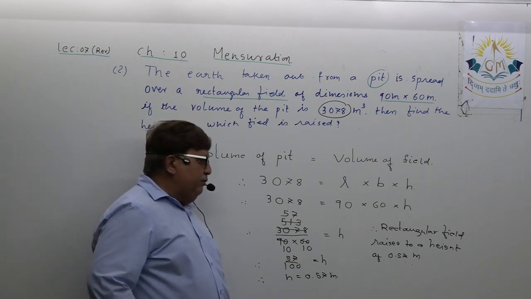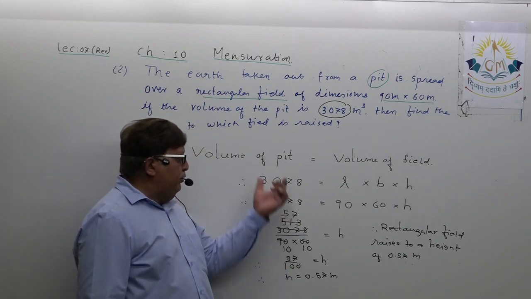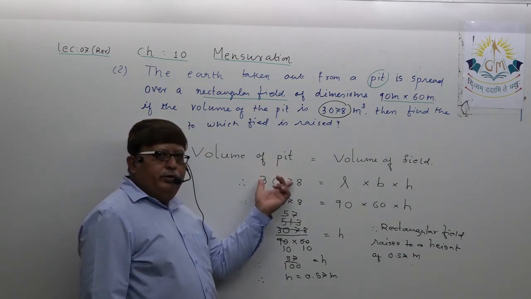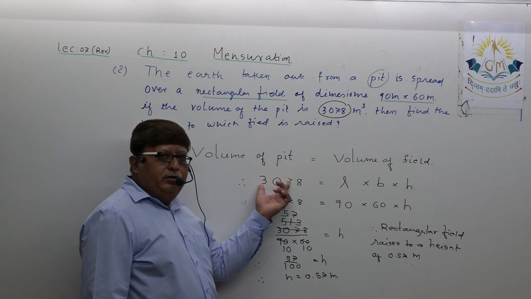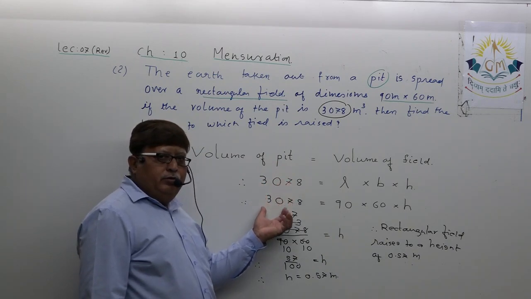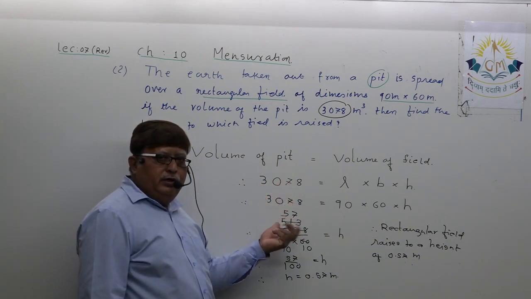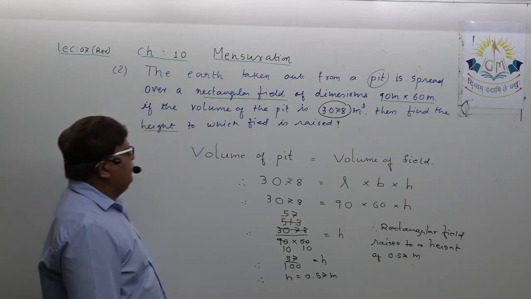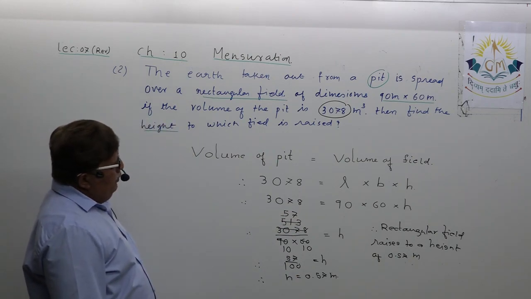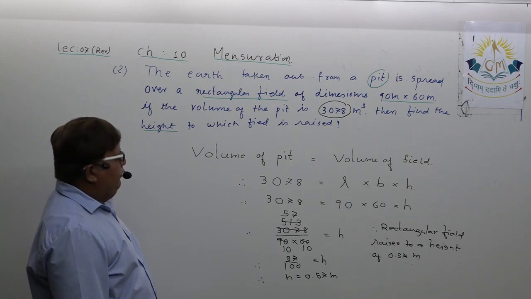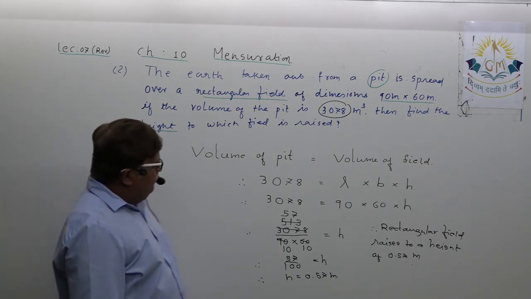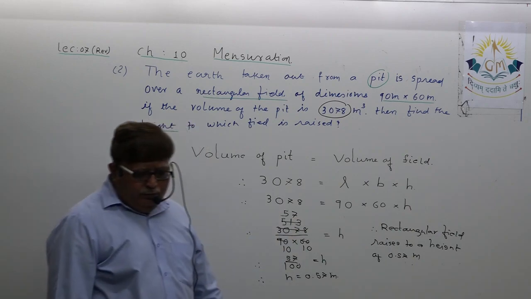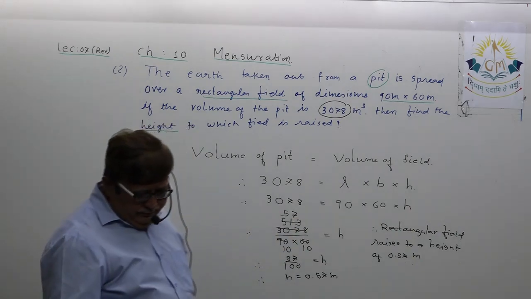That's the benefit in this sum. No need for the application of the formula here. First you just see this example and you will come to know that this is simple. Understand?